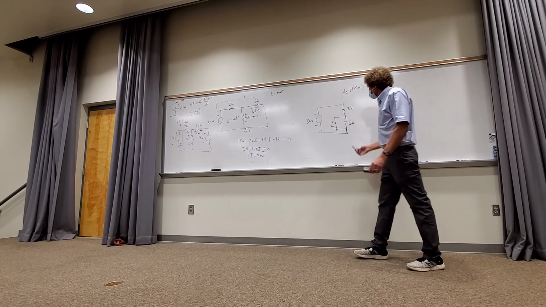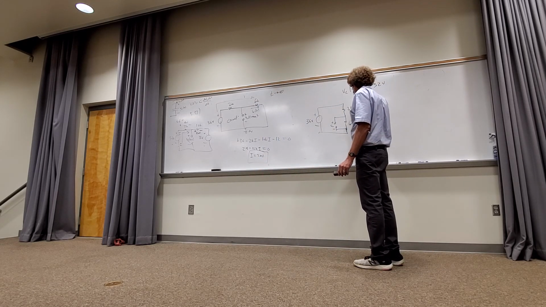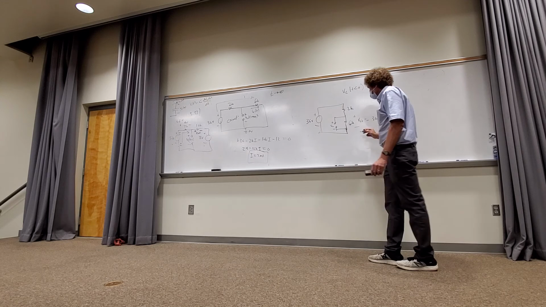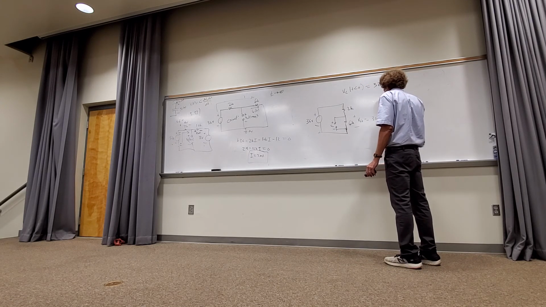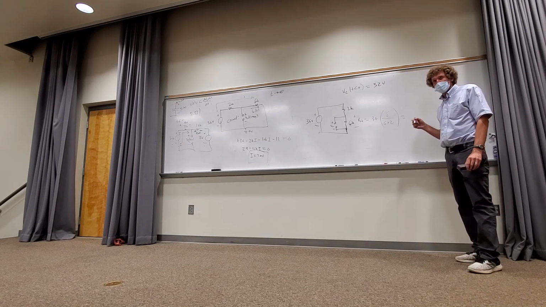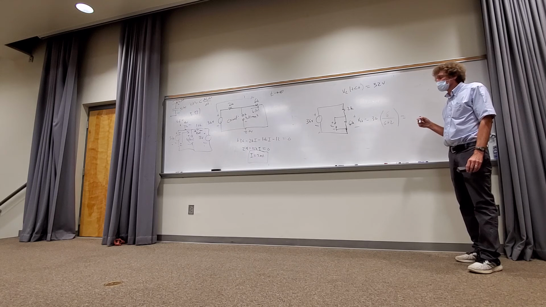Now, what is this voltage though? V across the 6K would be what? 36, right? The source voltage, these two are in series, over 6 over 6 plus 2, or 6 over 8, right? Or 3/4 of 36. Do y'all see that, class?